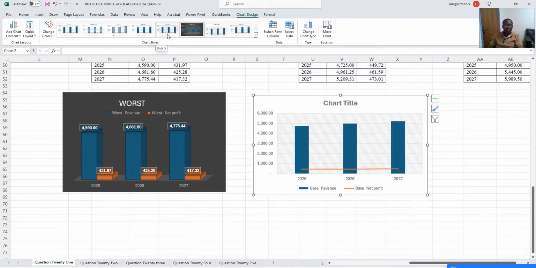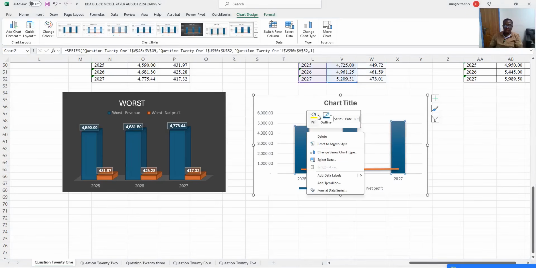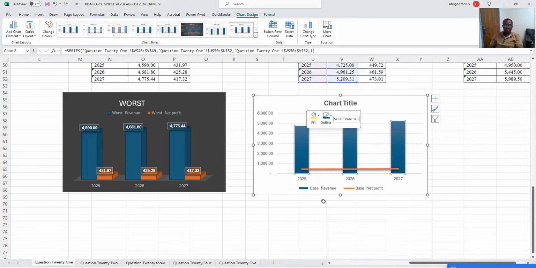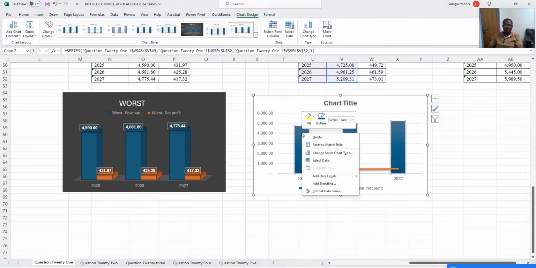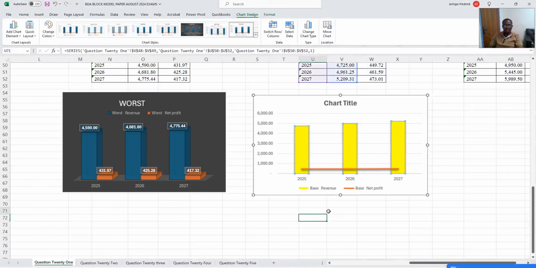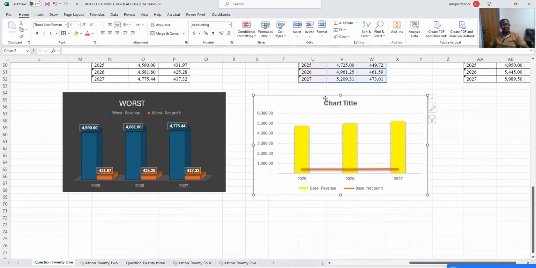Select the one that you think will fit, or the one that you think is going to be interesting in your eyes. I can decide to use, say, yellow. Maybe color fill, I can do yellow.